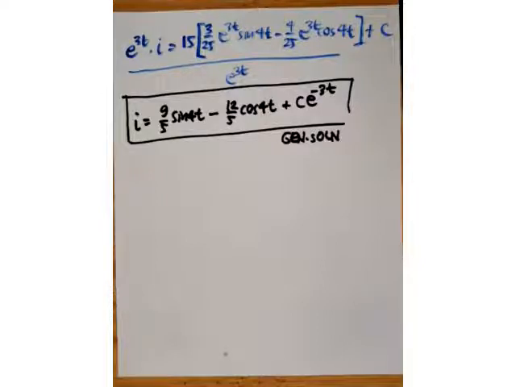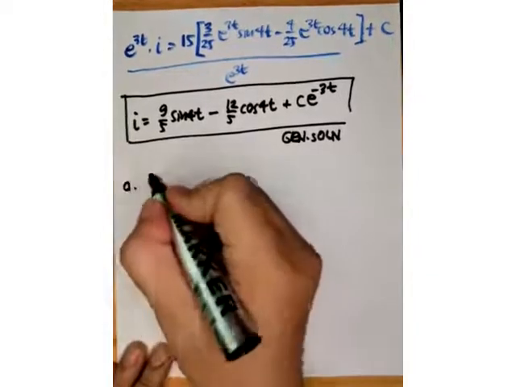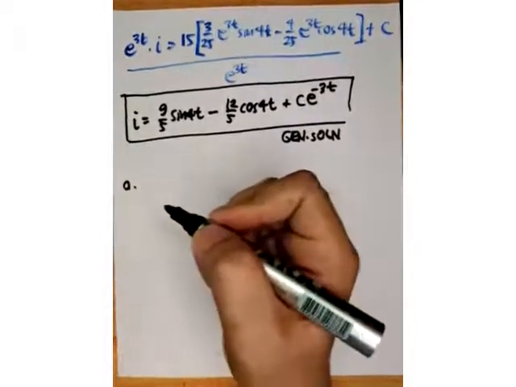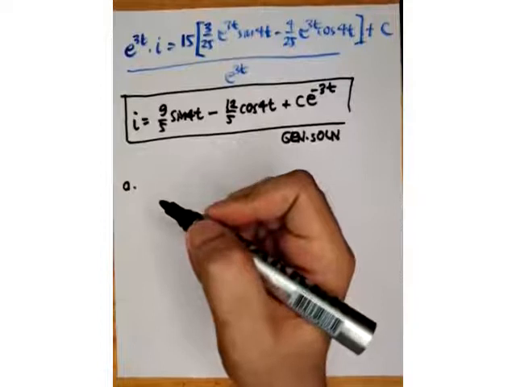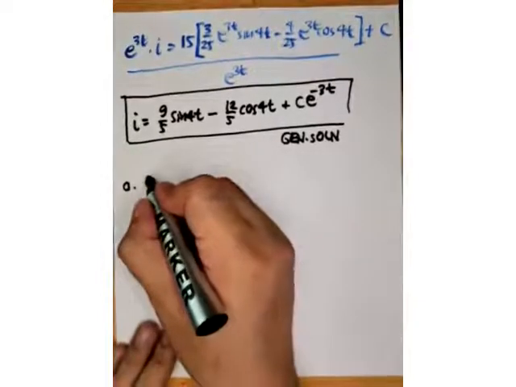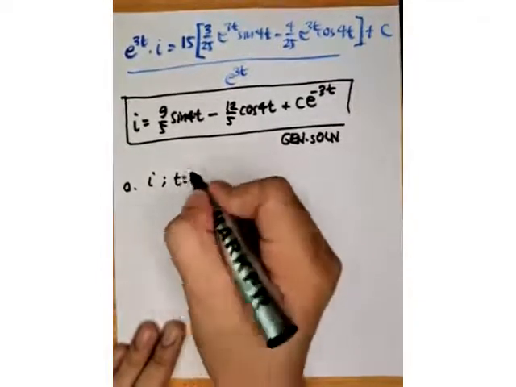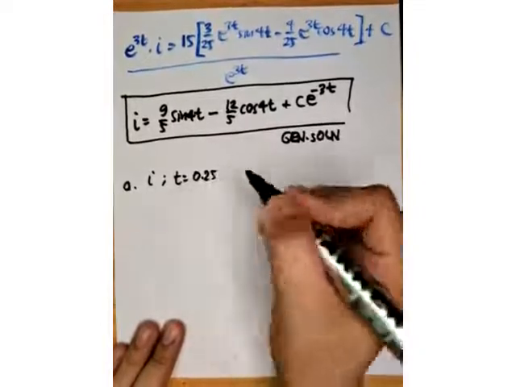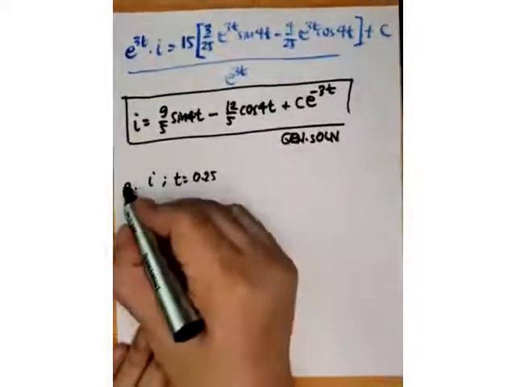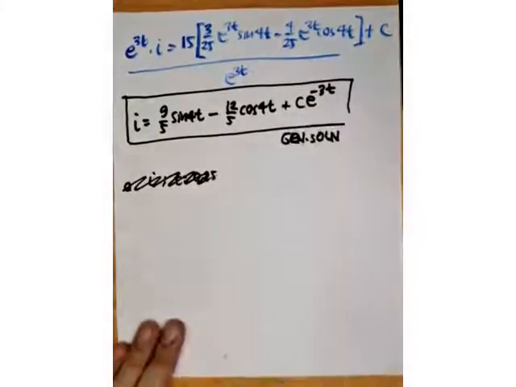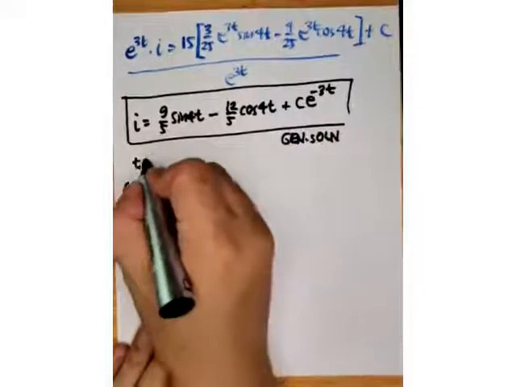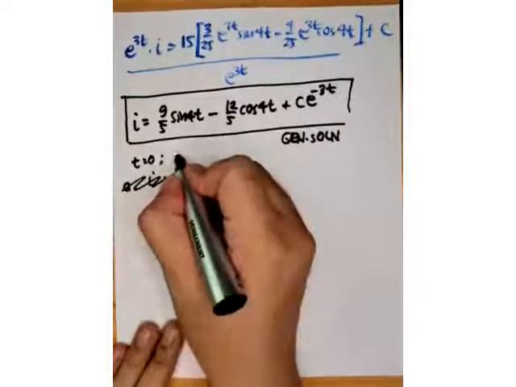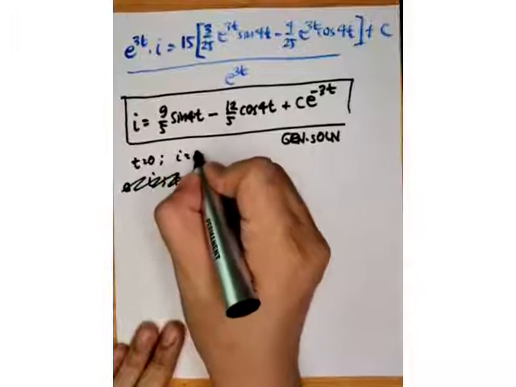Ayan. Okay, so ano pa yung letter A natin? So yung letter A, may question natin. Ano yung current at t is equal to 0.25? So what is I when t is equal to 0.25? Ay, sandali. Wala pa pala. Kailangan pala natin hanapin yung C. So at initial condition na t is equal to 0, current is equal to 0.